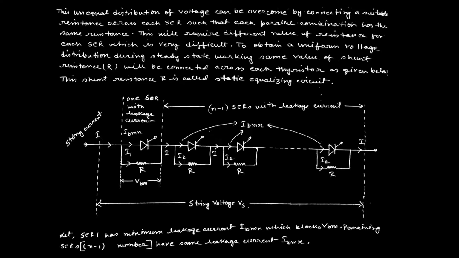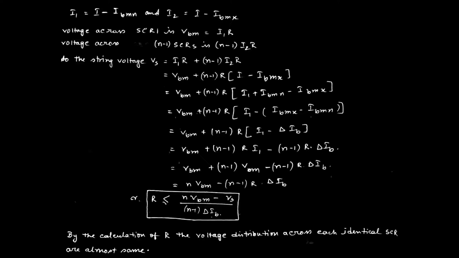So from this schematic diagram, let SCR1 have the minimum leakage current, defined by IBMN, which blocks voltage VBM, and the remaining n-1 SCRs have the same leakage current, defined by IBMX. So, from this schematic diagram, we can write I1 equal to I minus IBMX and I2 equal to I minus IBMX.